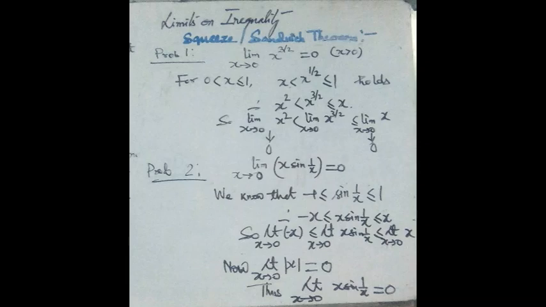So clearly limit of x sin 1 by x must be 0 due to the sandwich theorem. So these are very useful tools. That means the sandwich theorem is a very useful tool to find the limit of any complicated function. So these are a few problems.